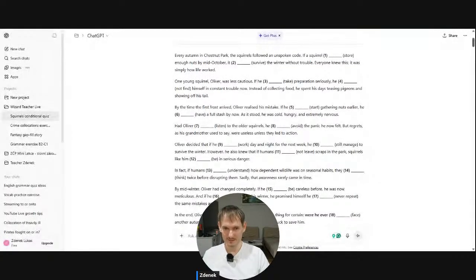Okay. However, he also knew that if humans, again, same thing. He knew, right? So we have kind of past tense. It's the same level here for me. If the humans didn't leave scraps in the park, squirrels like him would be in serious danger. I don't know. Let's try it.